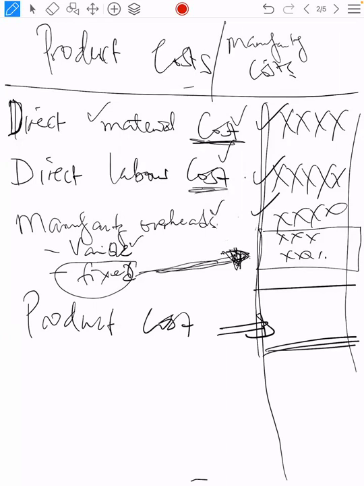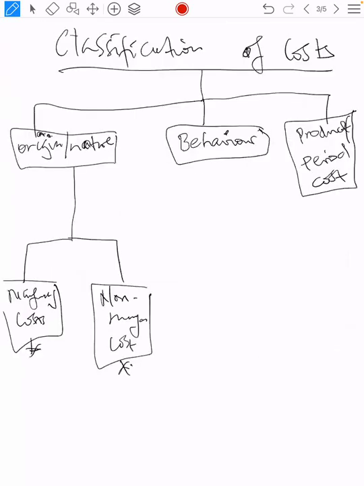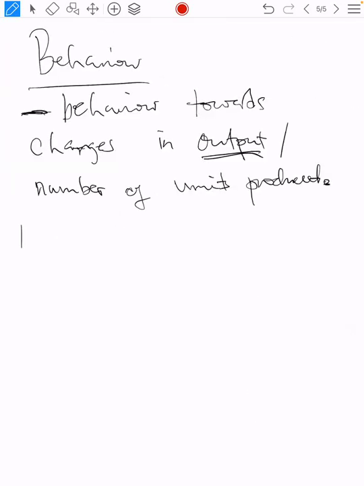We are going to double our direct labor cost. We are going to double our variable manufacturing overheads. So behavior is going to take us to say that now we have costs which are variable costs.